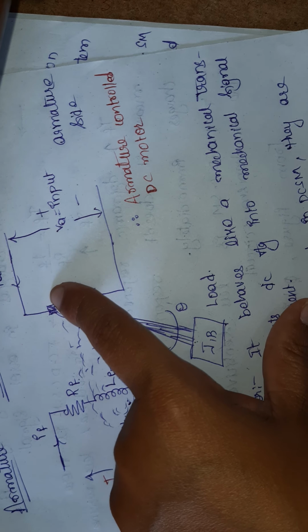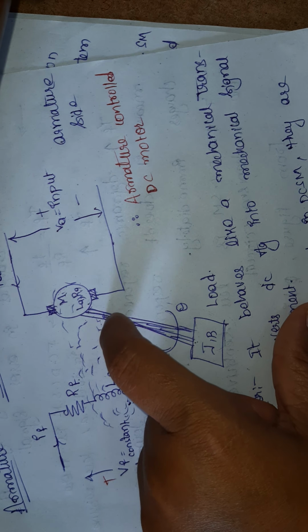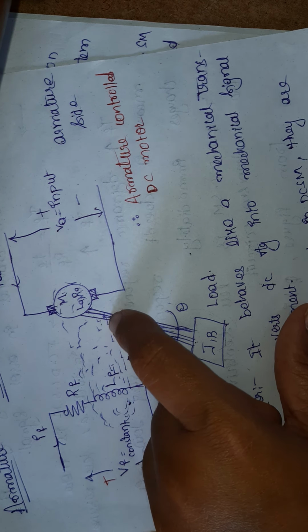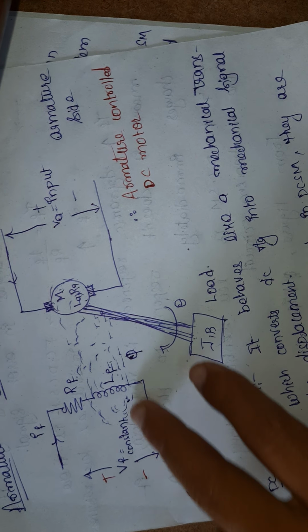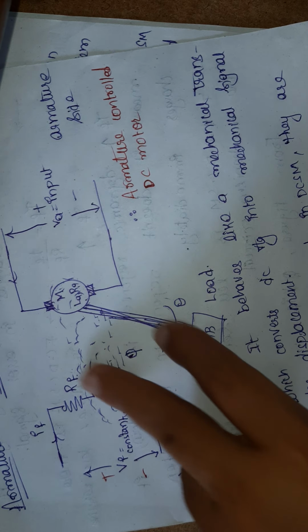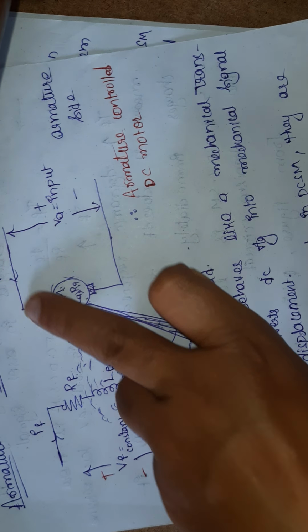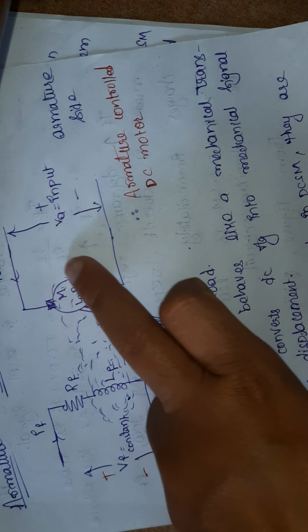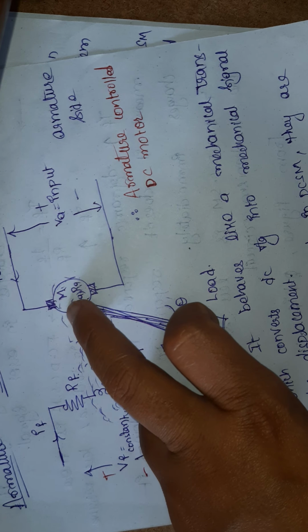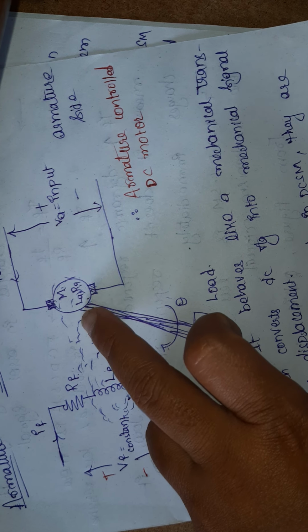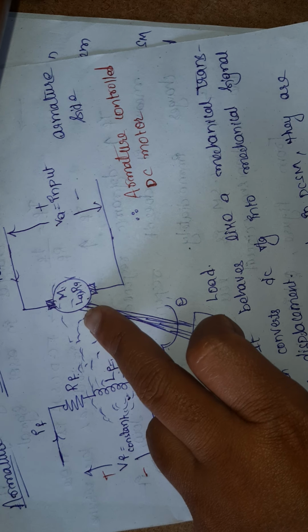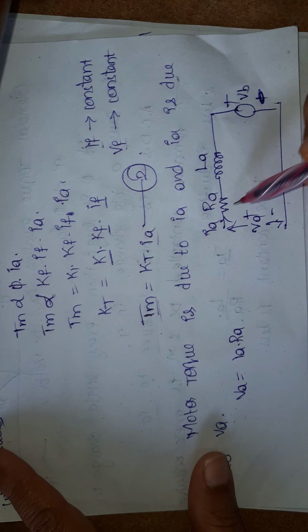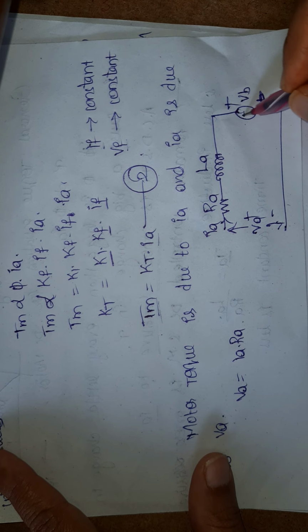In a motor, one back EMF term will exist, because if we consider any motor, the motor runs due to the flux phi interacting with the current Ia. Then in every motor, a back EMF term will exist. That is known as Eb, back EMF. So this is the term.